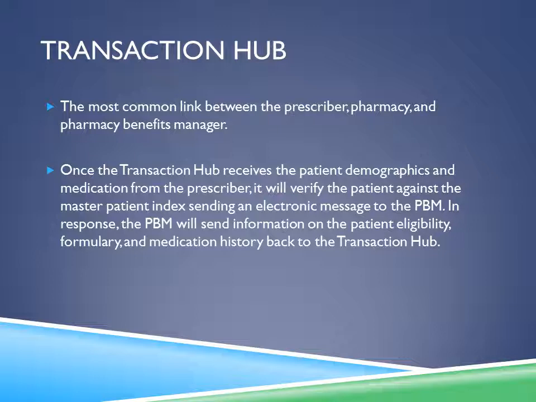It maintains a master patient index and list of pharmacies, and it routes inquiries to the PBM and prescriptions to the pharmacy. Once the transaction hub receives the patient demographics and medication from the prescriber, it will verify the patient against the master patient index, sending an electronic message to the PBM. In response, the PBM will send information on the patient eligibility, formulary, and medication history back to the transaction hub.